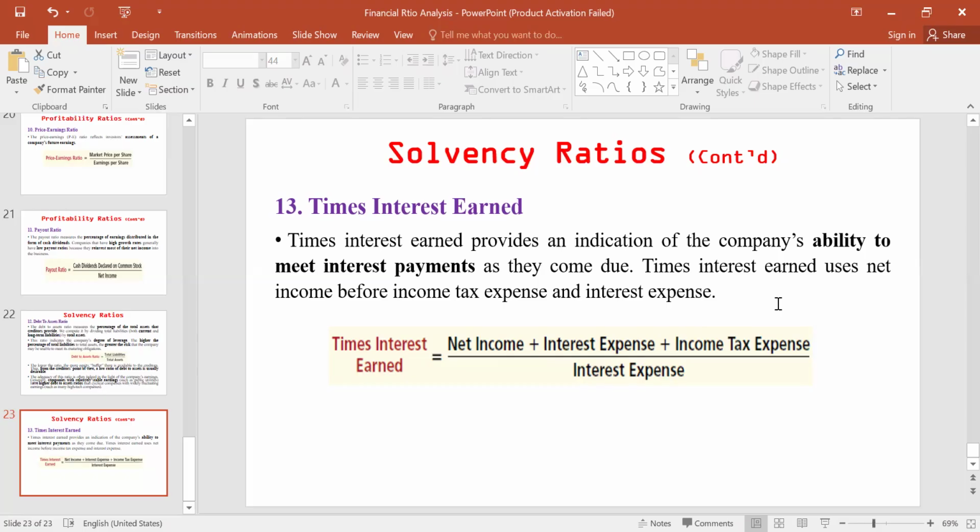EBIT and EBT are indicated by this ratio. That means how much tax you have to pay, or how much tax you have to determine, depends on this ratio. The common formula to find the times interest earned ratio: net income plus interest expense plus income tax expense divided by interest expense.